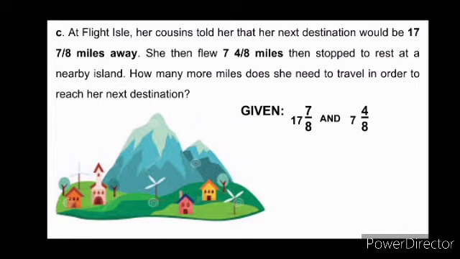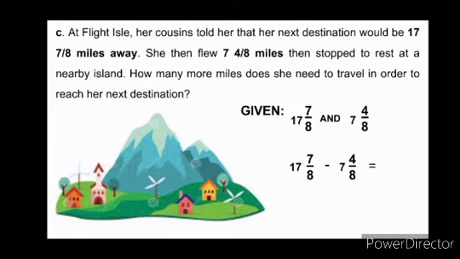What we're gonna do is subtraction of fractions. So we're gonna subtract 17 and 7/8 minus 7 and 4/8. So we have here mixed numbers. The method that we're gonna use is similar to how we added the mixed numbers a while ago. We do the fractions part and the whole numbers separately. Since they have the same denominator, we're just gonna directly copy the denominator.